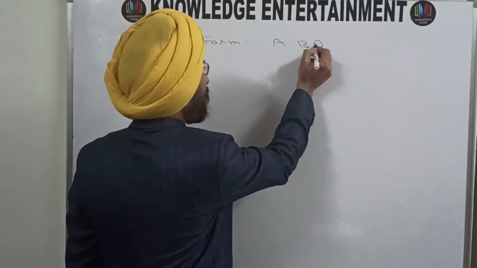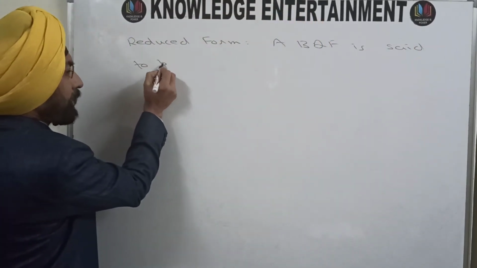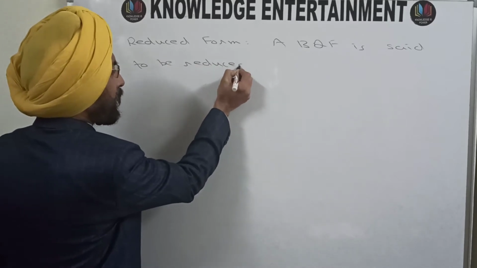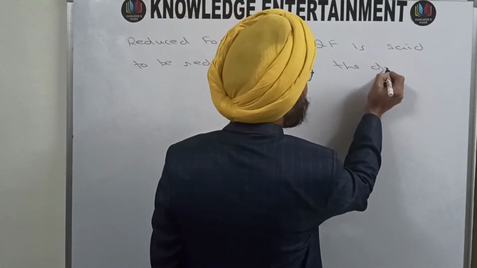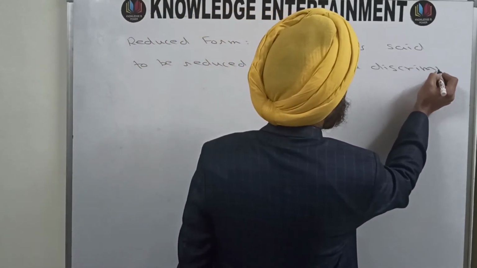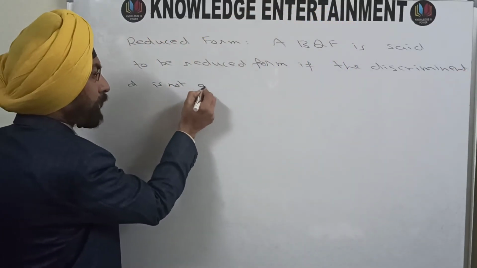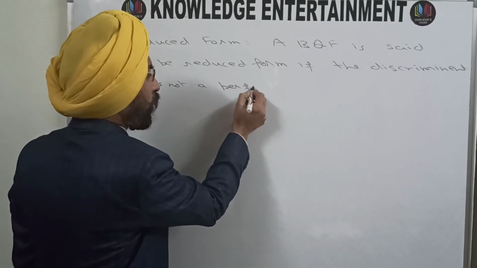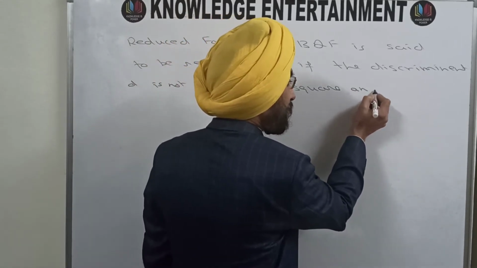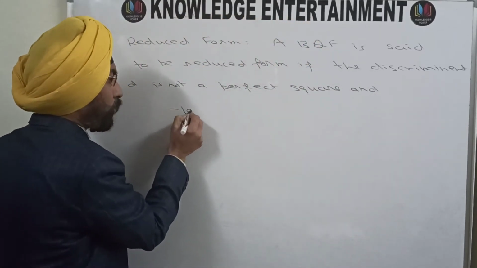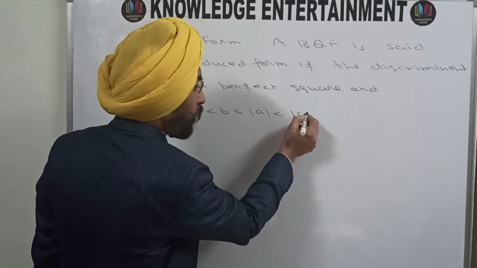A binary quadratic form is said to be a reduced form if the discriminant d is not a perfect square, and -|a| < b ≤ |a| < |c|.